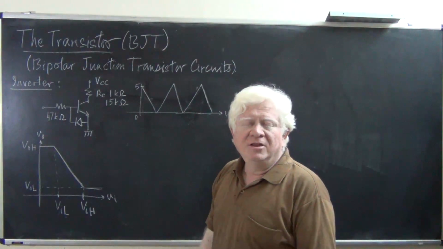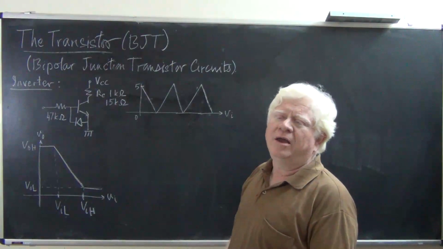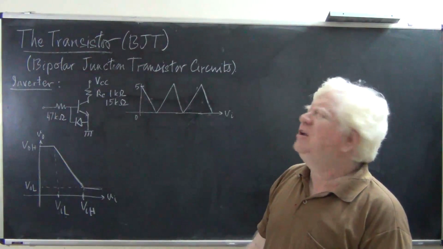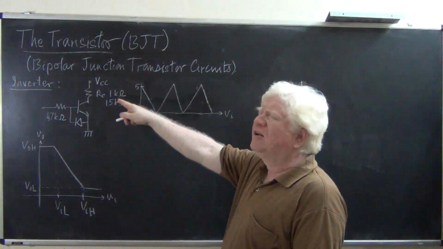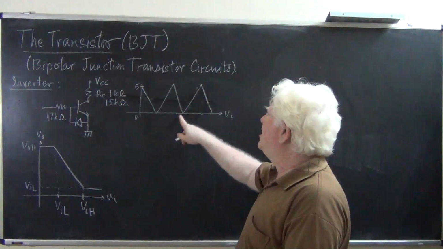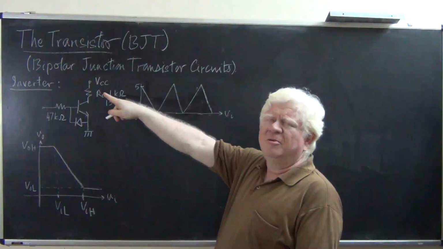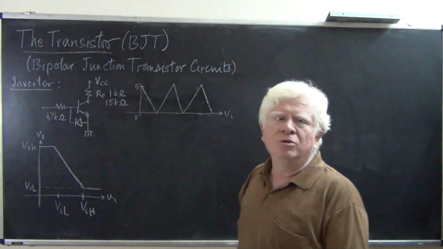Now there are times when the collector current will try to go so high but not succeed because of the limitation of VCC, so the transistor goes into saturation. There are other times at this end where the transistor will be cut off because the collector current goes too low on account of the base current going too low.